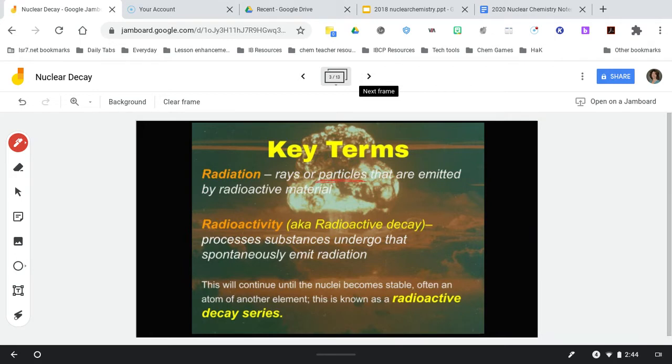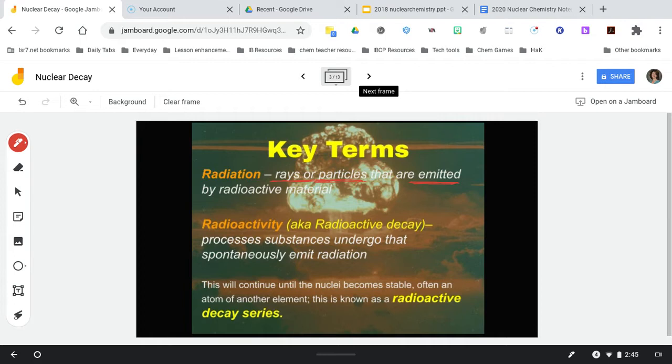As we learn about some of the particles in just a few minutes, that's going to be the radiation, those rays or particles that come out of a nucleus when it begins to decay. Most of you have heard of decay before. Decay is when something falls apart, and that's what happens when radiation is emitted. Emitted means to be given off.